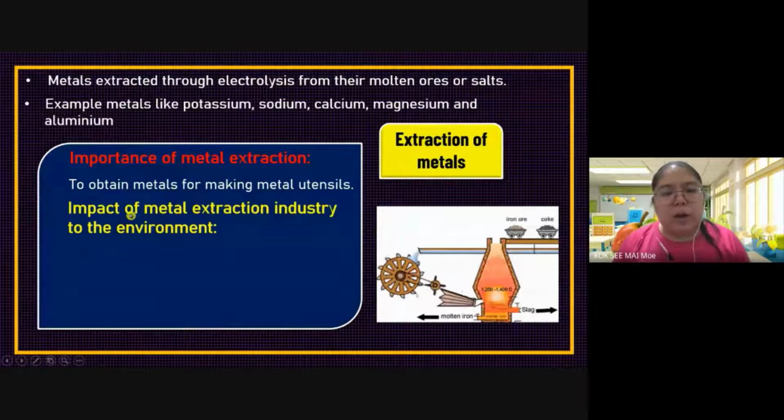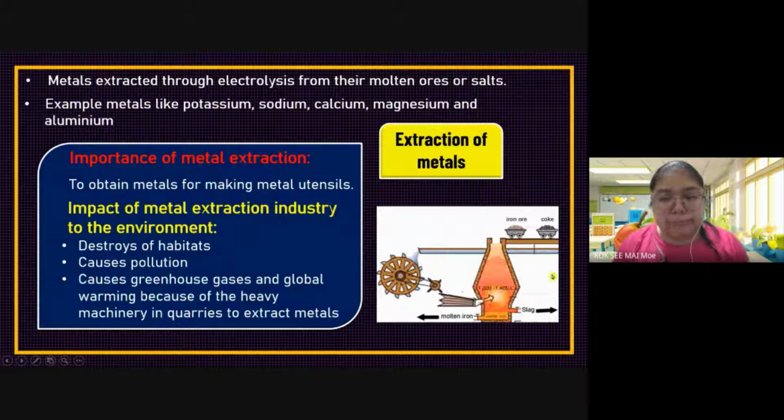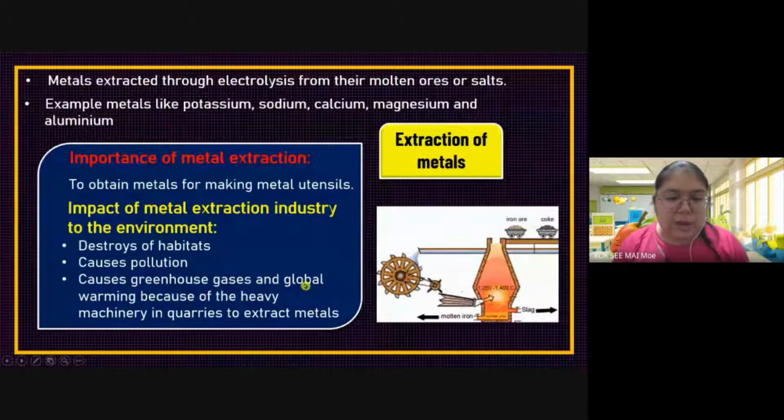Now, the impact of the metal extraction industry on the environment. You can see in the diagram, they use burning, and burning surely causes pollution. First, it can destroy habitats because you need to build the factory for the extraction. Number 2, it causes pollution because you need heating and burning. It causes greenhouse gases and also global warming because of the heavy machinery in the quarries used to extract the metal.